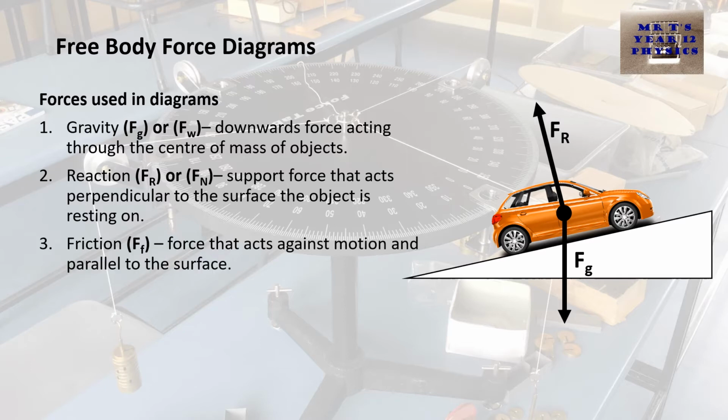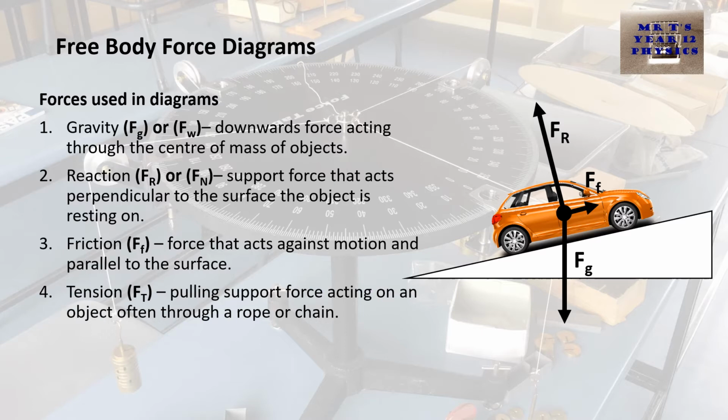Friction always acts parallel to the surface, so we draw it parallel to the surface, and there it goes. Notice it's quite a bit smaller, and that's usually true when objects aren't traveling too fast compared to their mass.